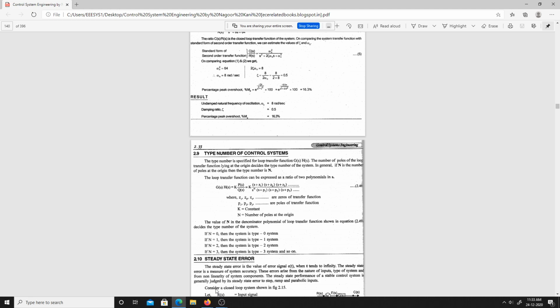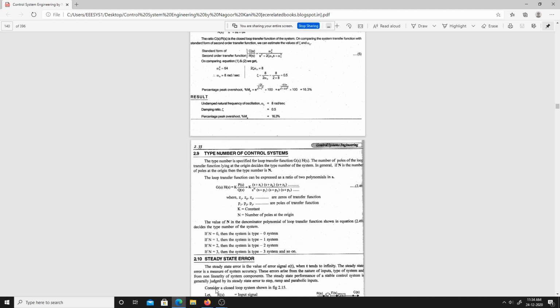For example, if there are n poles at the origin, then the type number is n. If we have n poles at the origin, what will be the type number? The type number is n.